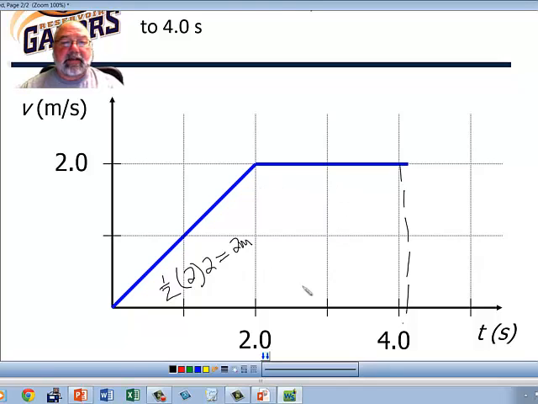And now we have a square, and it has an area of base times height. So it has an area of 2 seconds times 2 meters. And that gives us an area of 4 meters. So to cover the entire time interval of 0 to 4 seconds, we have a change in position of 6 meters.